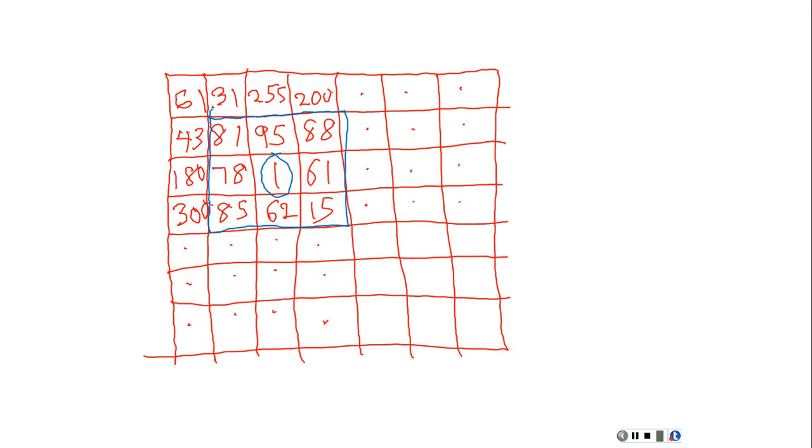That is 3 columns and then 3 rows. So the 3 by 3 is basically 3 rows by 3 columns, or 3 columns by 3 rows, and that window is around the point of interest, the pixel that you want to correct.